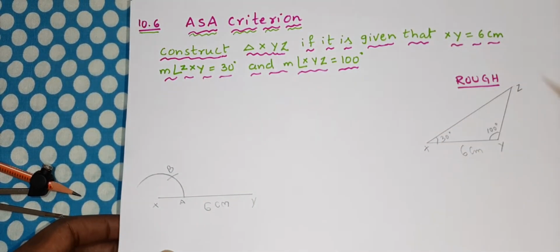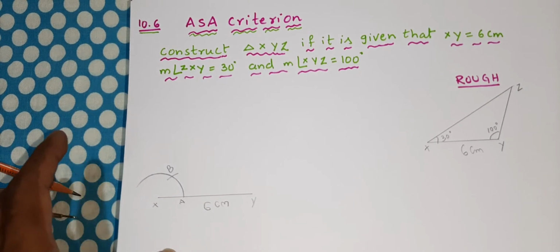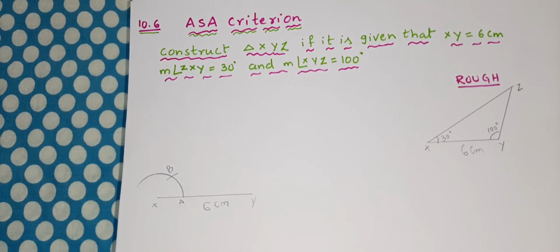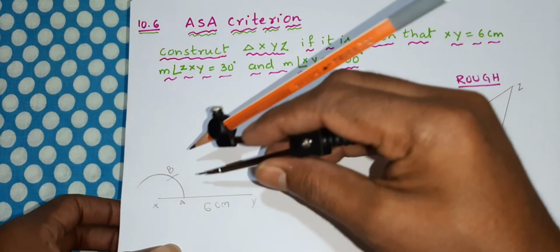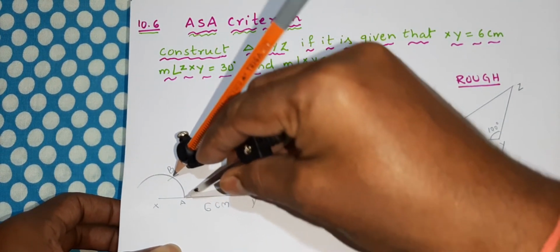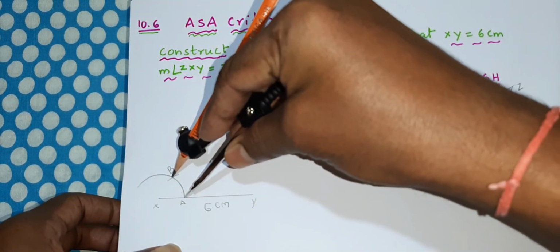Now we are going to construct 30 degrees. How to take 30 degrees? 30 degrees is half of 60 degrees. So now you can draw the angular bisector. Bisector means it divides into two equal halves. Now see, take more than half of the length of AB. This is the AB length. Clear?